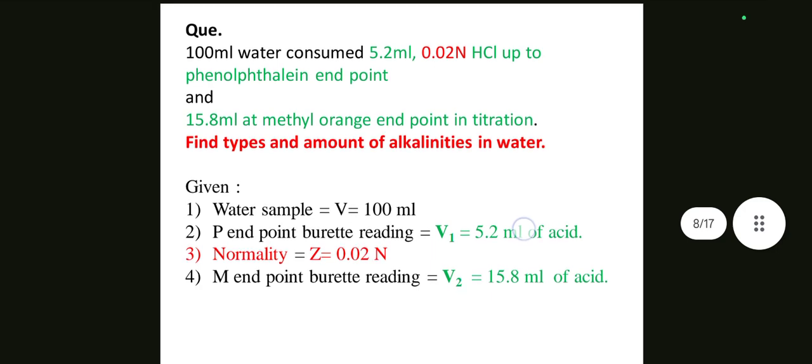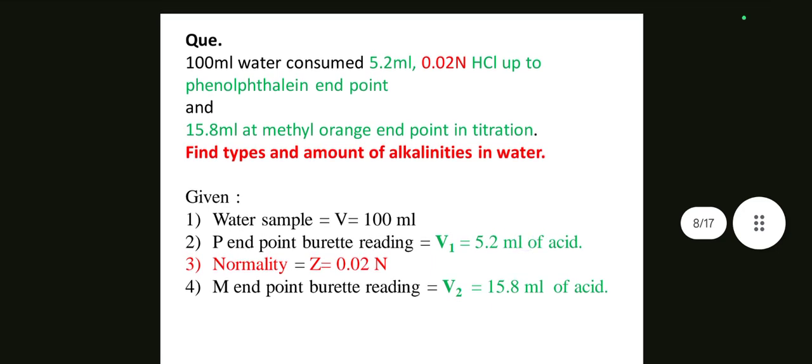Now we will see an example to solve the numerical. Now see, a 100 ml water sample consumes 5.2 ml of 0.02 normal HCl up to the phenolphthalein endpoint. What does it mean? For the phenolphthalein endpoint, 5.2 ml HCl is required, and 100 ml of water sample is taken.